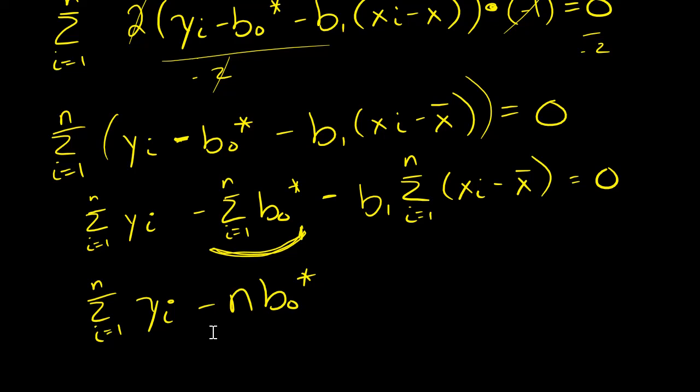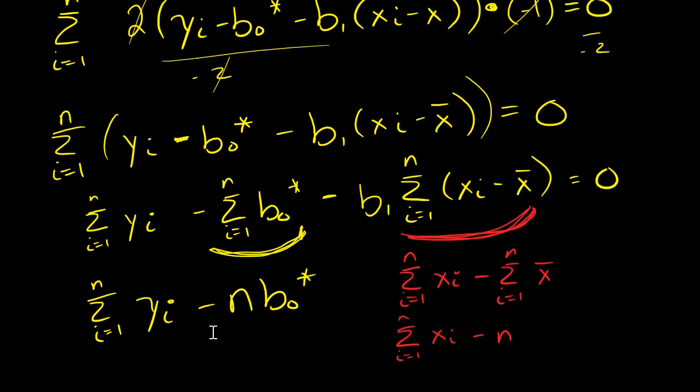Now let's talk about the back piece, the sum of (x_i minus x bar). I have the sum from i equals 1 to n of x_i minus the sum from i equals 1 to n of x bar. Once again, when you sum something n times, you get n times x bar.